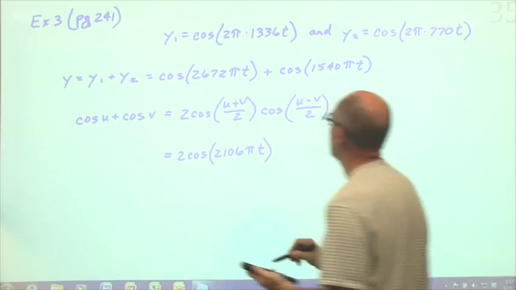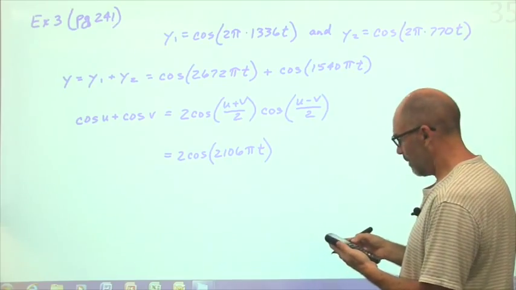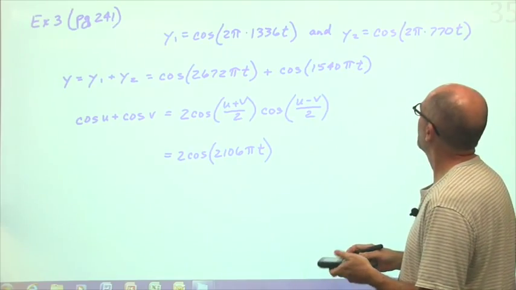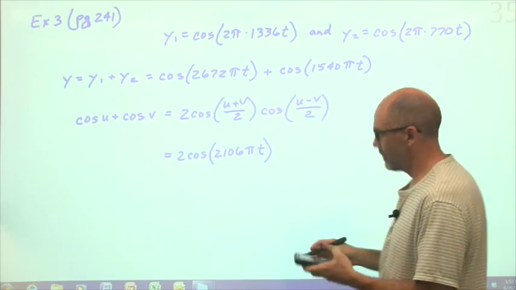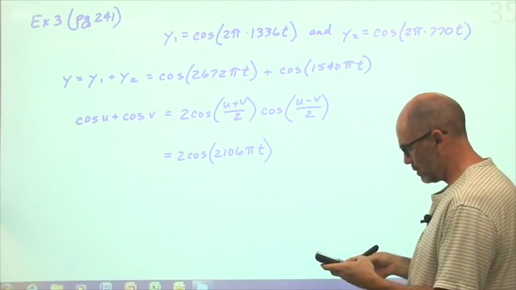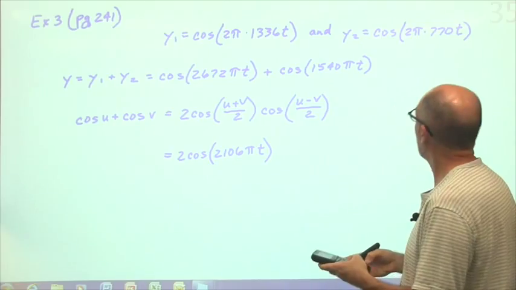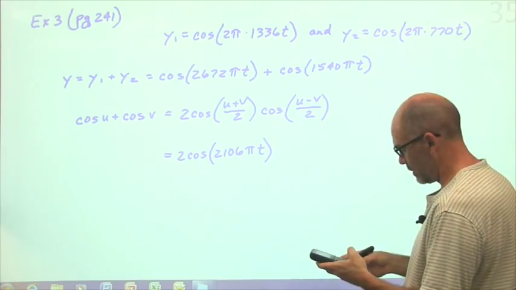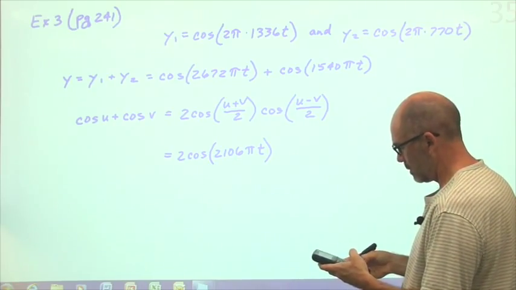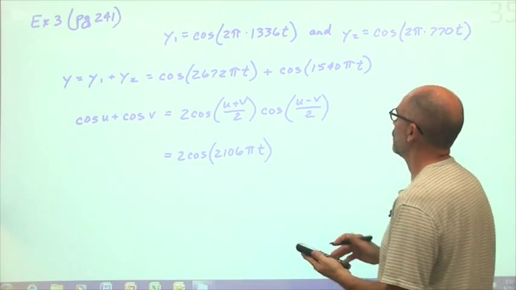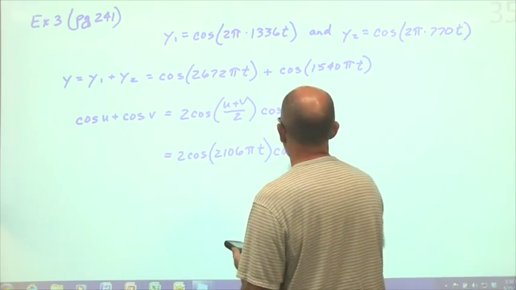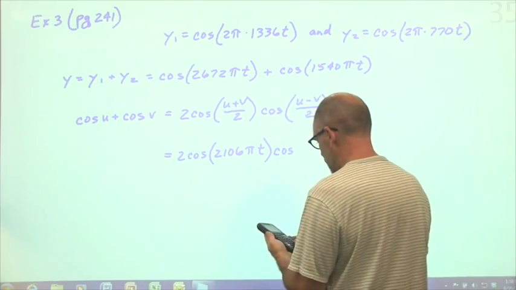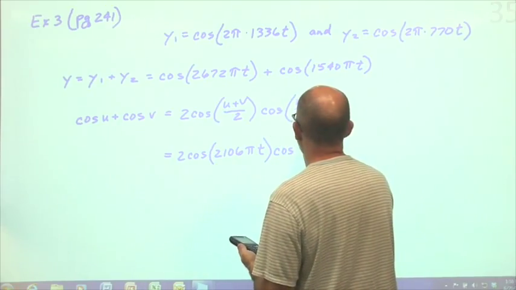where t is time. Now we go u minus v over 2, so we're going to go 2672 minus 1540, and that's 1132, and divide that by 2, 566.